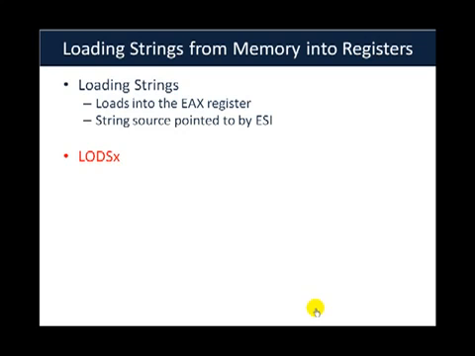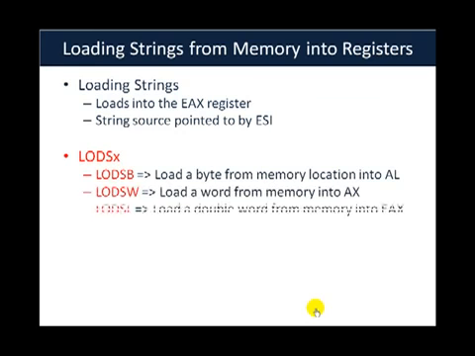The first is that the LODSX series of instructions will always load the string into the EAX register. Number two, the string source needs to be pointed to by ESI. These two things always have to be true in the case of the LODSX series of instructions.